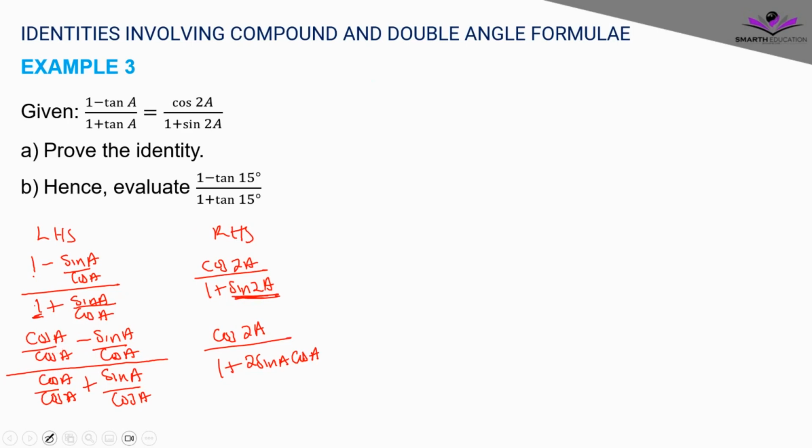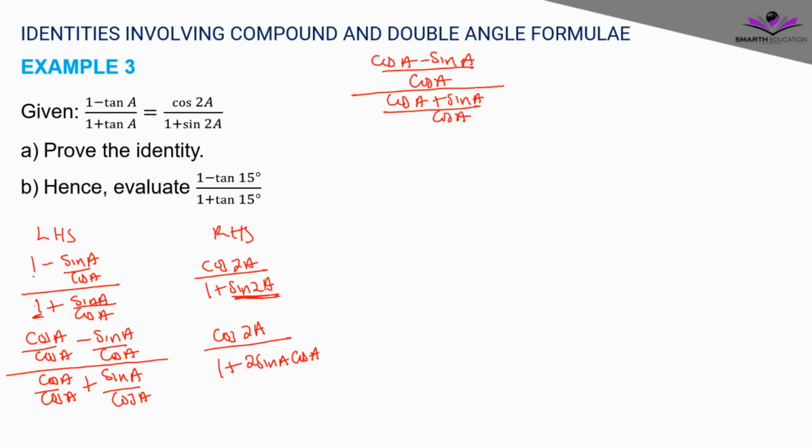Let's simplify the numerator and then simplify the denominator. Looking at the numerator, we have a common denominator, so this reduces to (cos a minus sin a) over cos a, divided by (cos a plus sin a) over cos a.